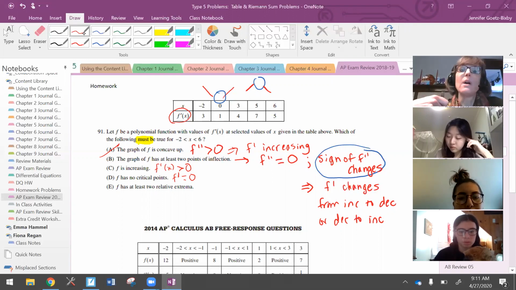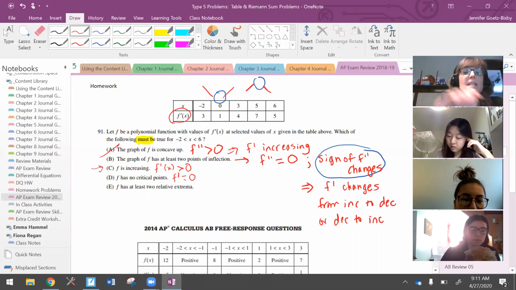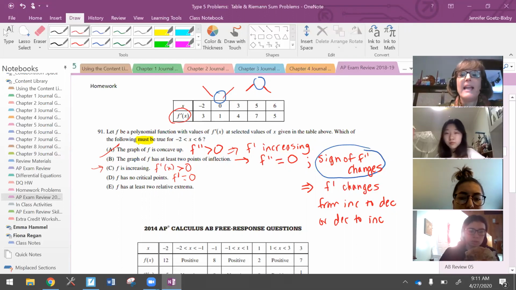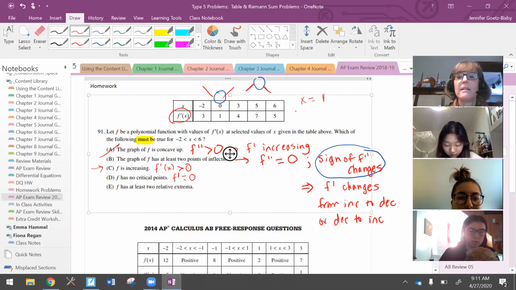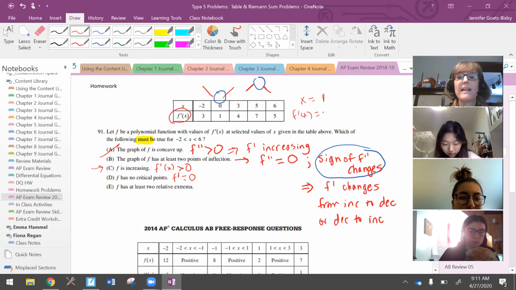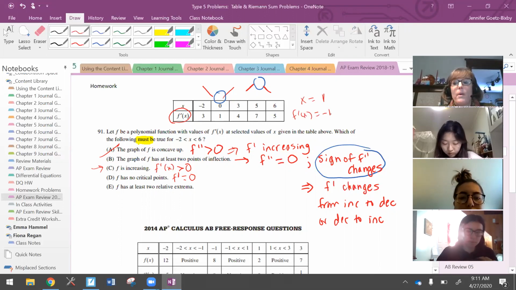All right. So the reason that letter C might not be true is that when x is equal to 1, say, f prime of x could be equal to -1. I don't know.